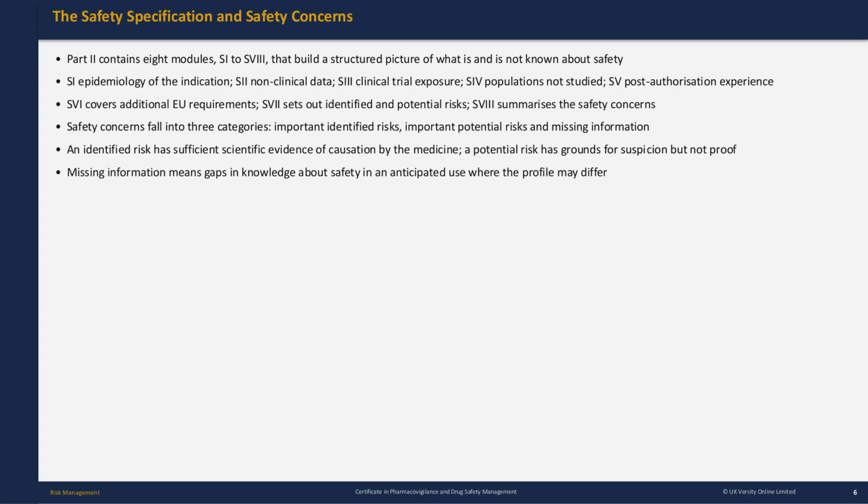The safety specification and safety concerns. Part 2 contains 8 modules, SI to C, that build a structured picture of what is and is not known about safety.